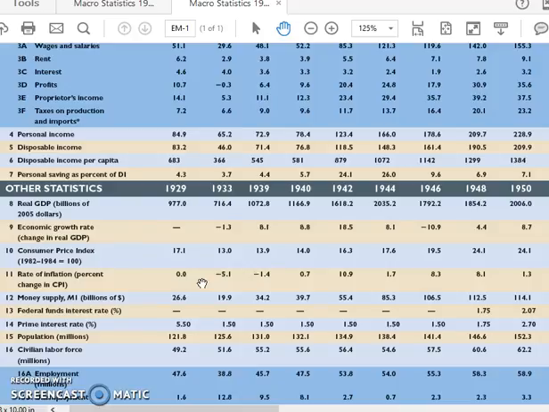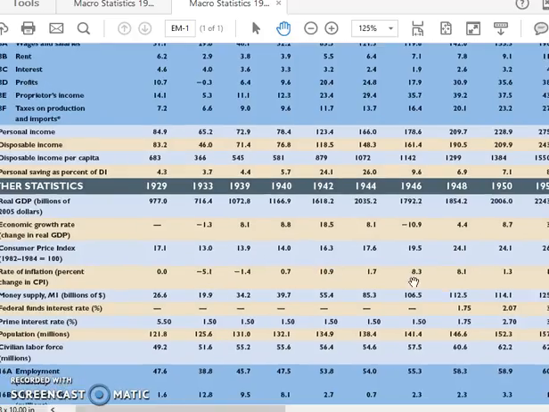We'll talk about that. That's going to be a big deal later. 1942, rate of inflation is 10.9%. That's really high. 8.3%, 8.1%. This is World War II messing with the data here. So the Great Depression in the 30s, World War II in the 40s.